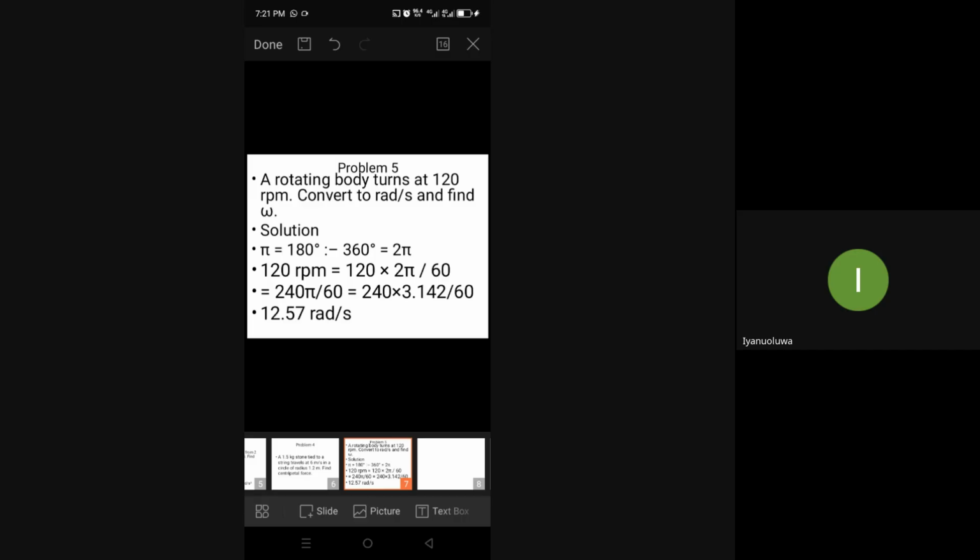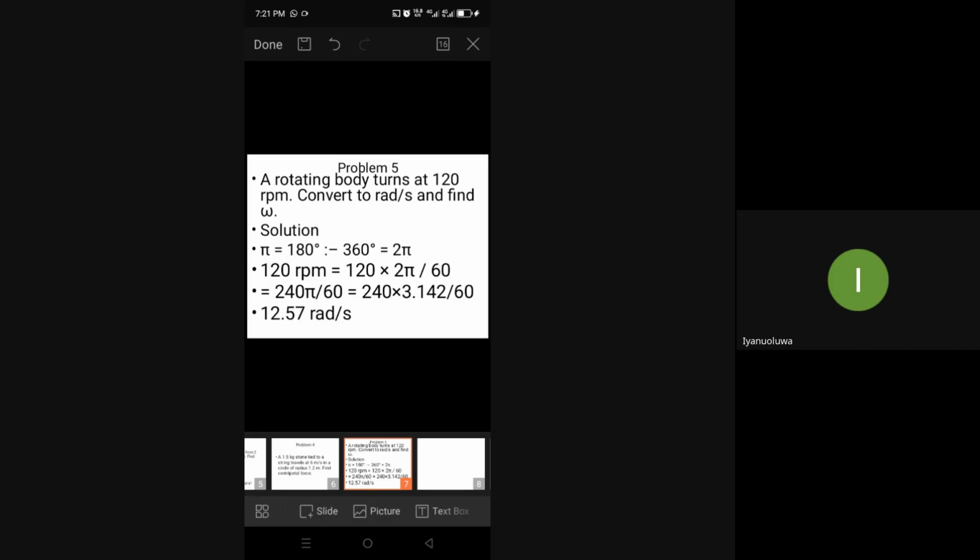Is that precise? 50 rpm. Convert to radians per second and find angular velocity.